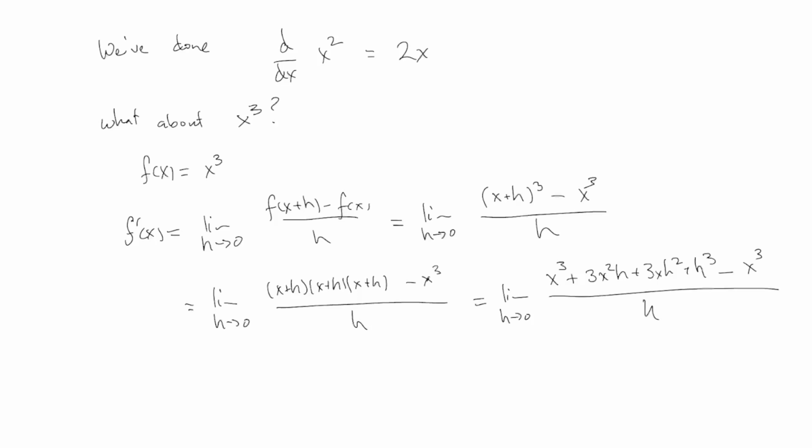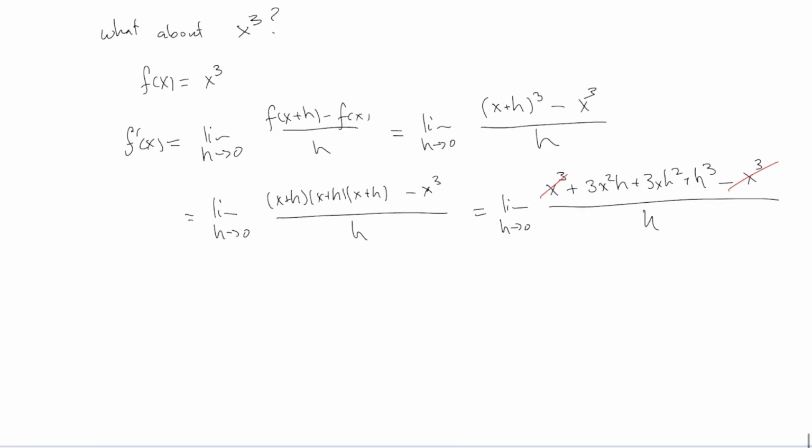And now we can cancel stuff out. I have x cubed at the beginning, minus x cubed at the end. Everything else has to stay. What remains is 3x squared h plus 3xh squared plus h cubed, all over h. And we finish, as usual, by factoring h out of everything on the top.